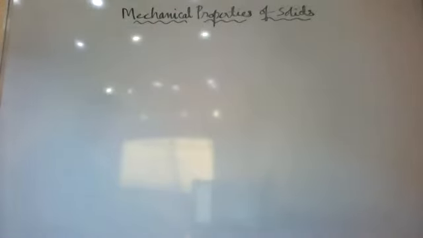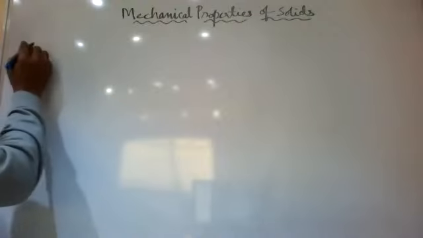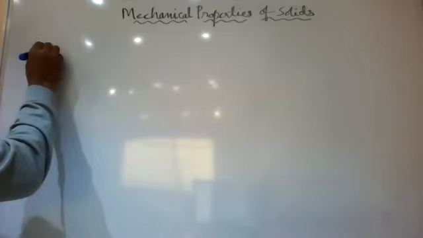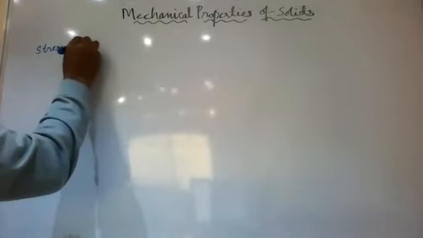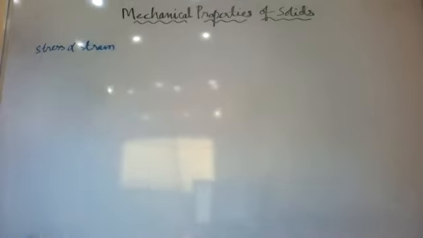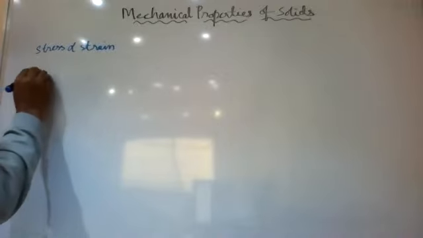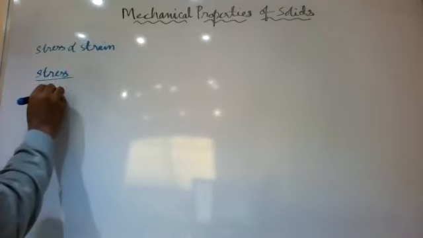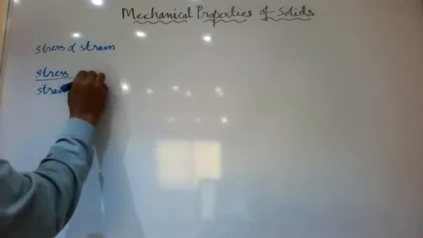Next, we have Young's modulus. Stress is directly proportional to strain. To remove this proportionality, we multiply with some constant. So stress by strain is equal to a constant.